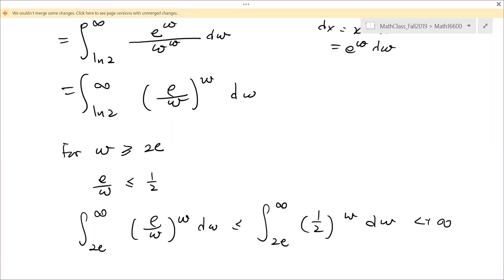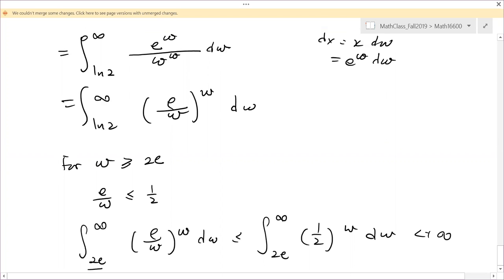When you're trying to prove whether an improper integral is convergent, you can also use a comparison. But here I have to look at it from 2e to infinity instead of log of 2, because it doesn't matter where you start. So this is convergent, and it's easy to evaluate because of its 1/2.